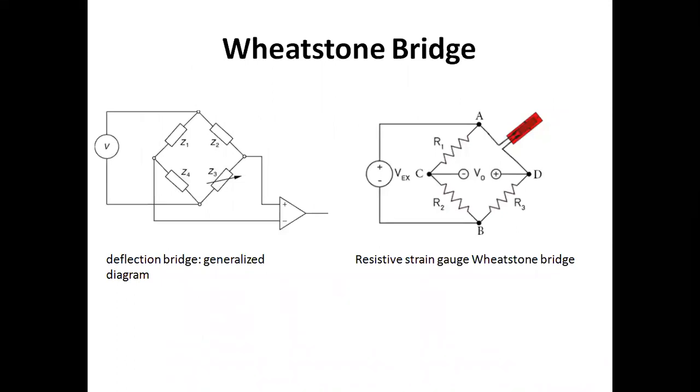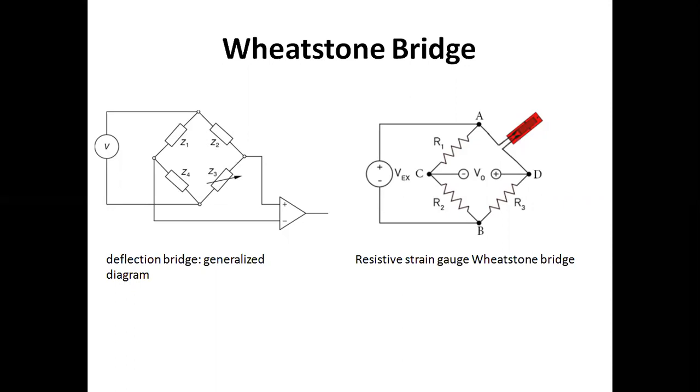So the diagrams show schematic diagrams of Wheatstone bridges. A Wheatstone bridge is made of a network of 4 resistive devices. Generally speaking, it is made of a network of 4 impedance elements. You know, impedance is the general term used to describe resistance to flow of current.